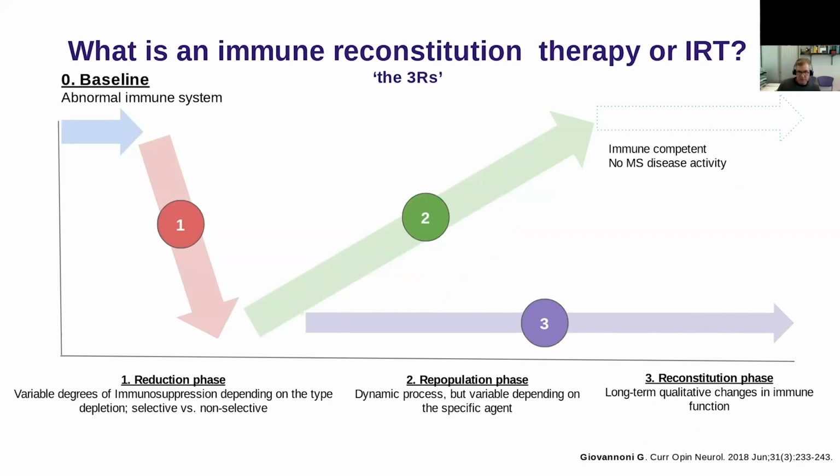And I mean competent in the sense that it can fight infections, it can respond to vaccines, and it can survey the peripheral body for tumors. And we assume the MS mechanisms are not there, either because they've been depleted or regulatory mechanisms come back and keep whatever's causing MS at bay. And this is the principle behind immune reconstitution therapies: you recover your immune function, but leave MS in remission.